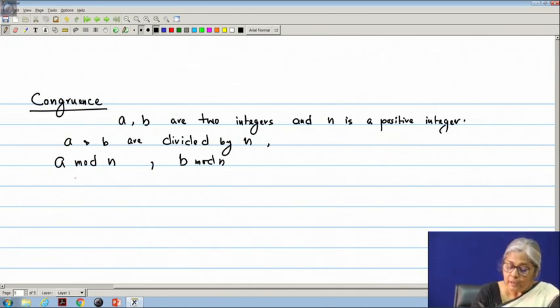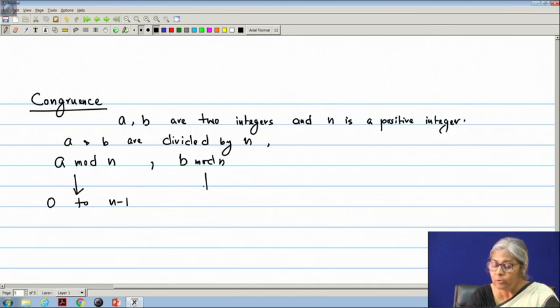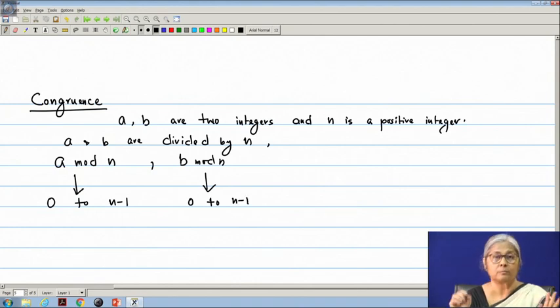Now, a modulo n, as we have just read, the remainder can only be a value from 0 to n minus 1. Similarly, b modulo n, whatever the value of b, can be 0 to n minus 1.